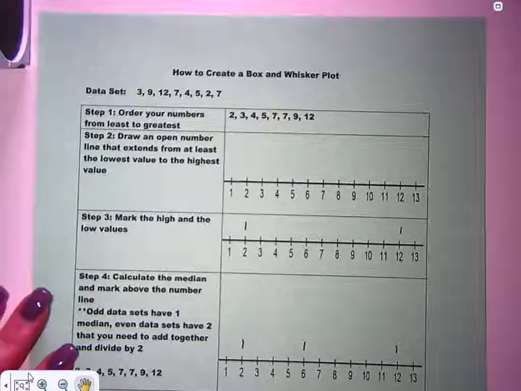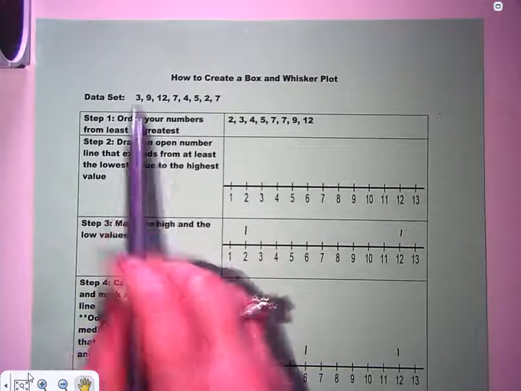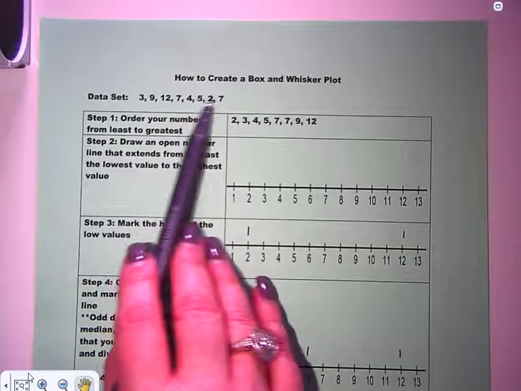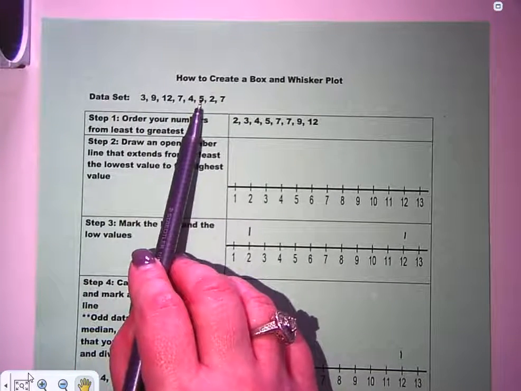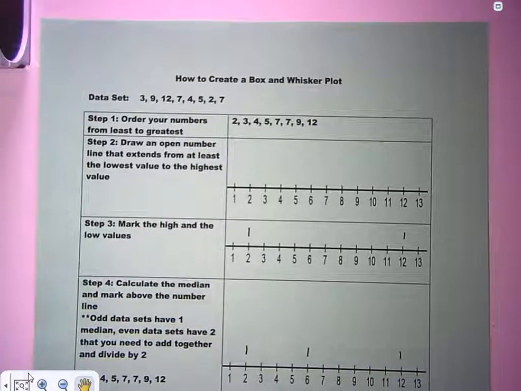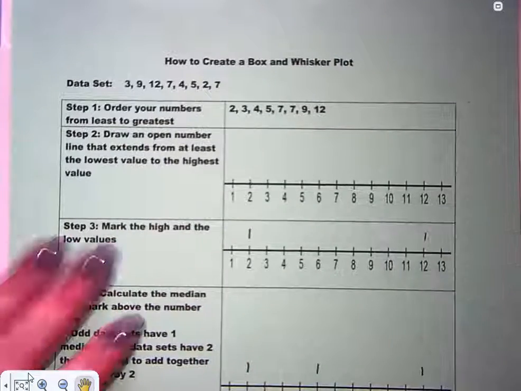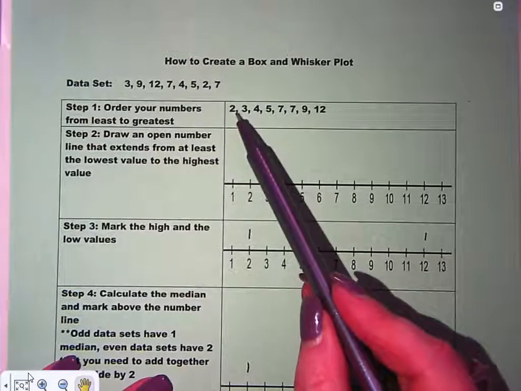All right, so our notes on how to create a box and whisker plot. Here's our data set: 3, 9, 12, 7, 4, 5, 2, 7. If we were given that data set, how would we create a box and whisker plot? The first step is to order our numbers from least to greatest. They are reordered here for us from 2 to 12.